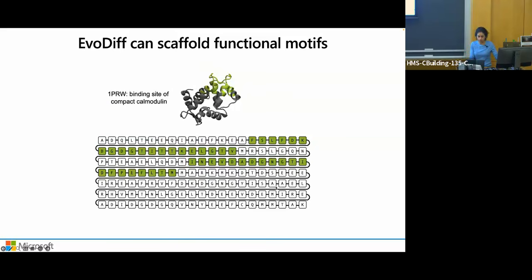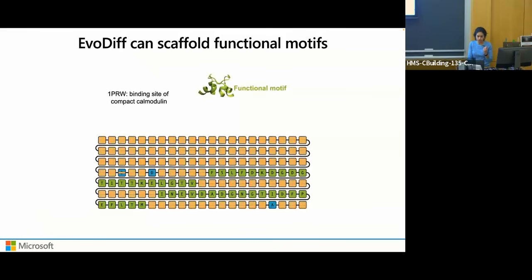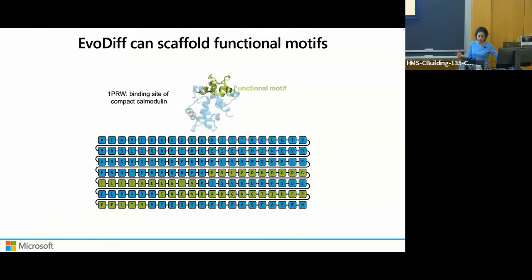Therefore, we can fix these residues of that functional motif, and using EvoDiff, mask out all the remaining residues. So the model is now only seeing the conserved information of the green motif. Everything else is masked.